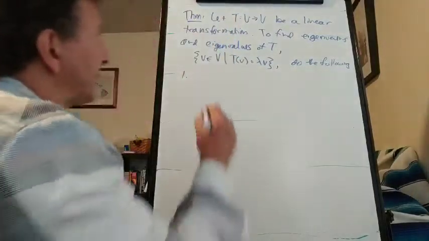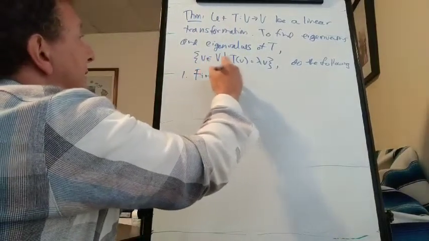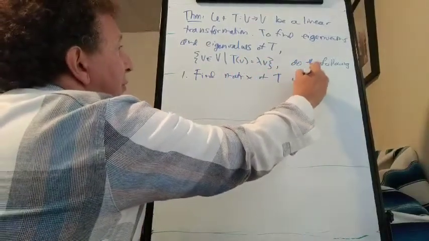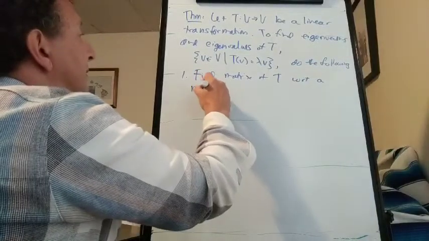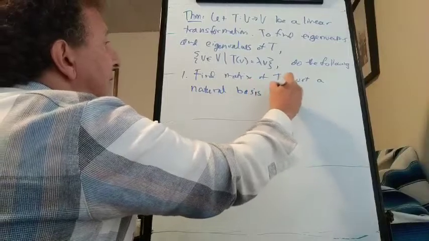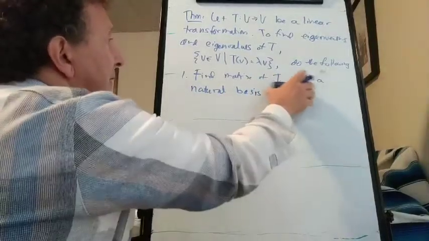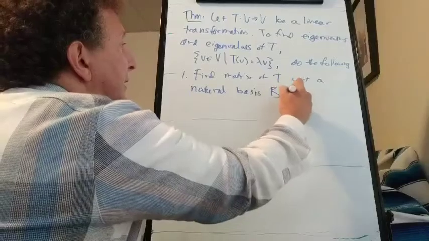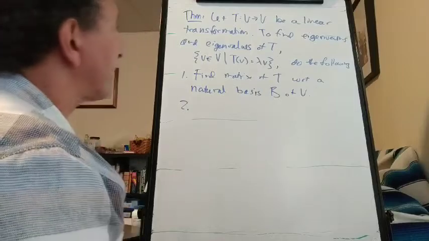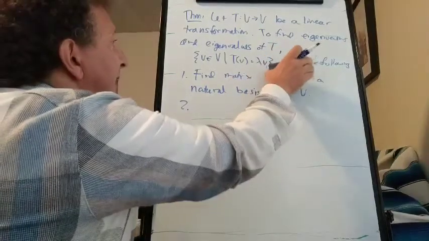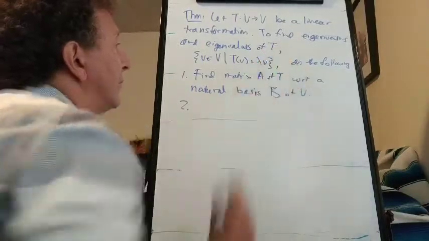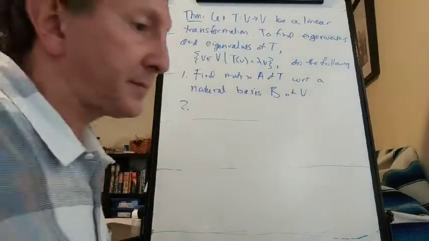First, we find the matrix of T with respect to a natural basis, let's say B of V. And let's call that matrix A. So we'll find the matrix A of T with respect to a natural basis of V.